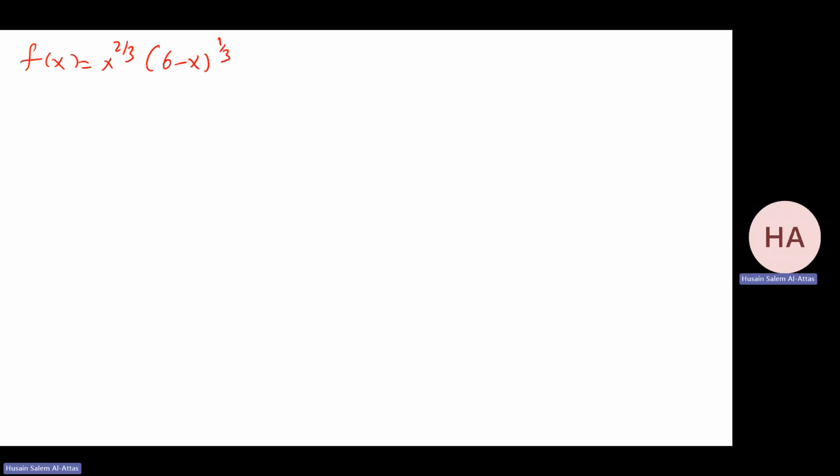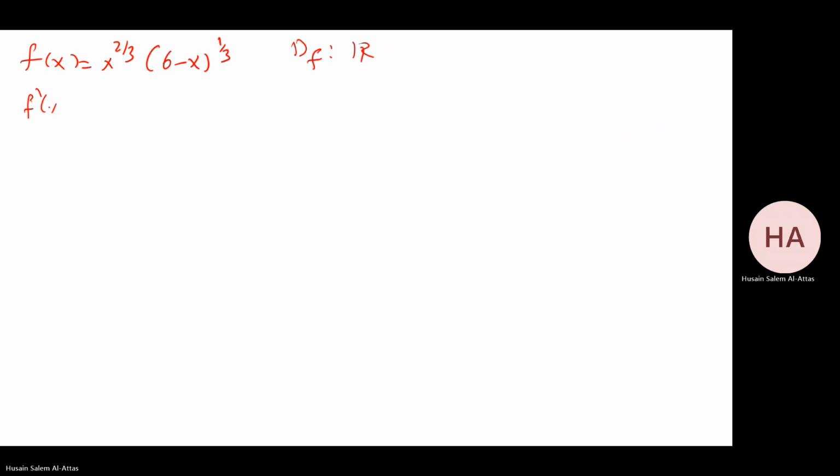I want to sketch the graph, so I need to find f prime, f double prime, all of these things related to this function. The domain is all real numbers.